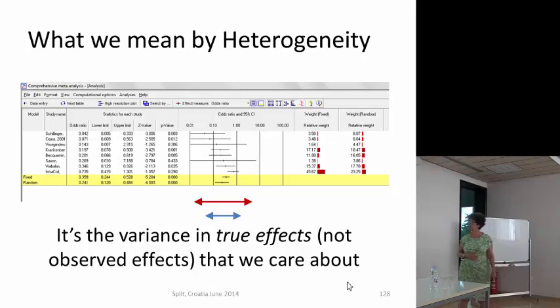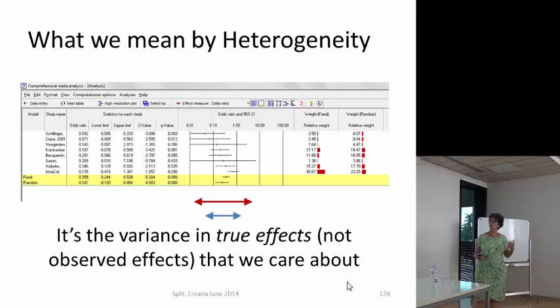Once again, okay. We care about the true effects, but we can't observe them directly. But we can calculate the sampling error, because sampling theory is a very well established part of statistics. So we know how to calculate for any given sample the amount of sampling error variation we would expect. Okay?